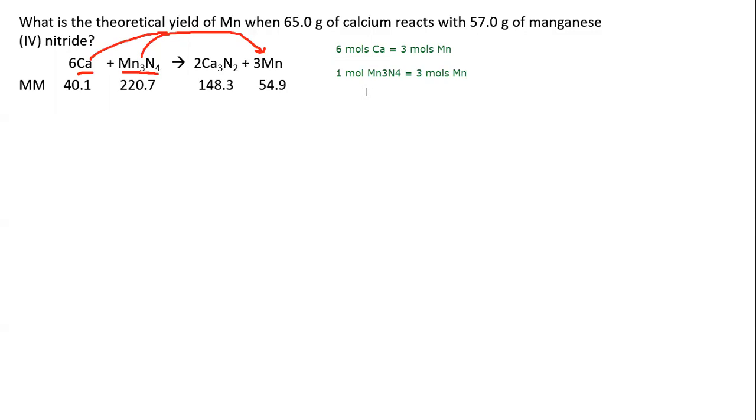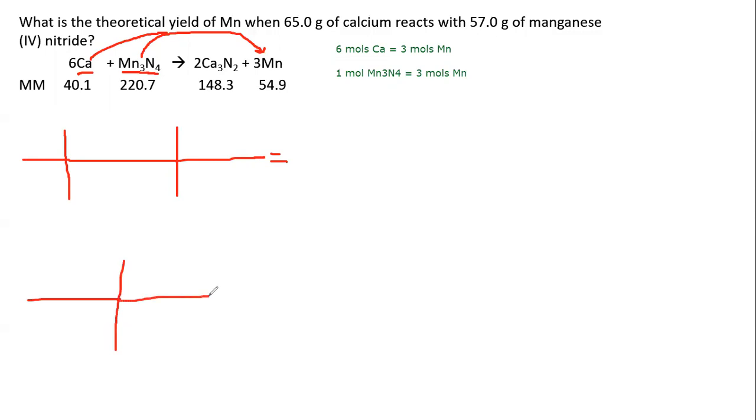Now we can set up our train tracks. I'm going to set up 2 of them. So we're starting, first we'll do calcium, and then we'll do manganese 4 nitride.